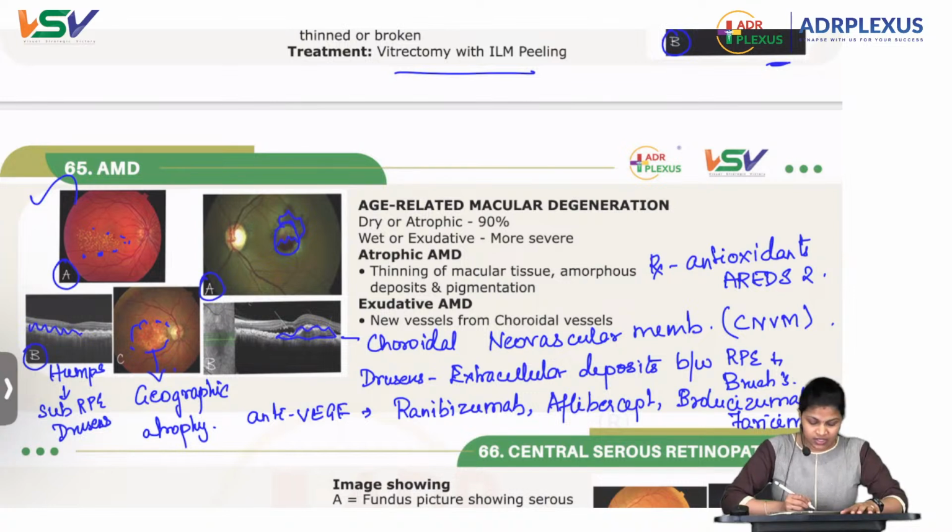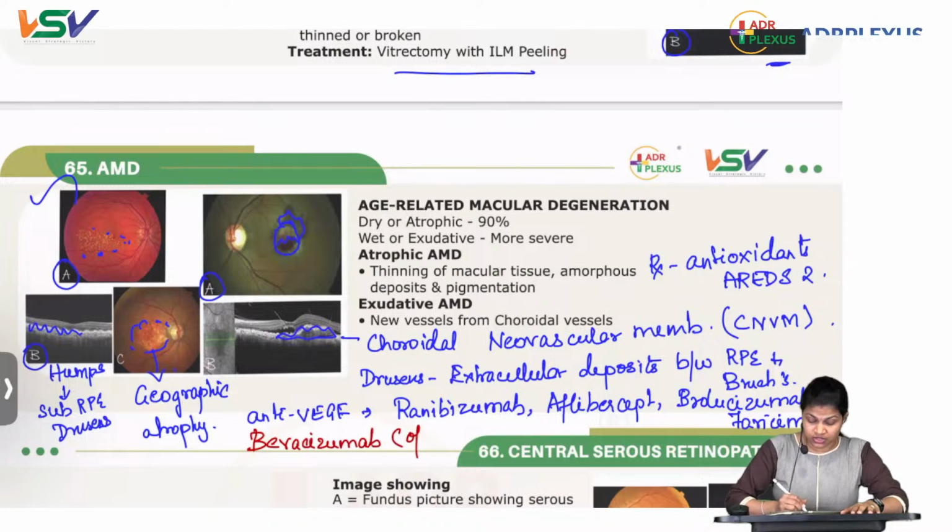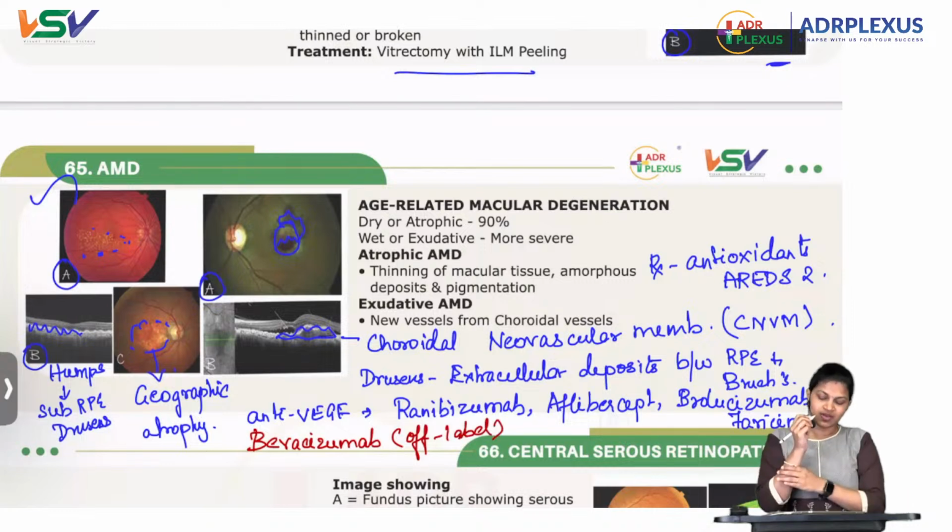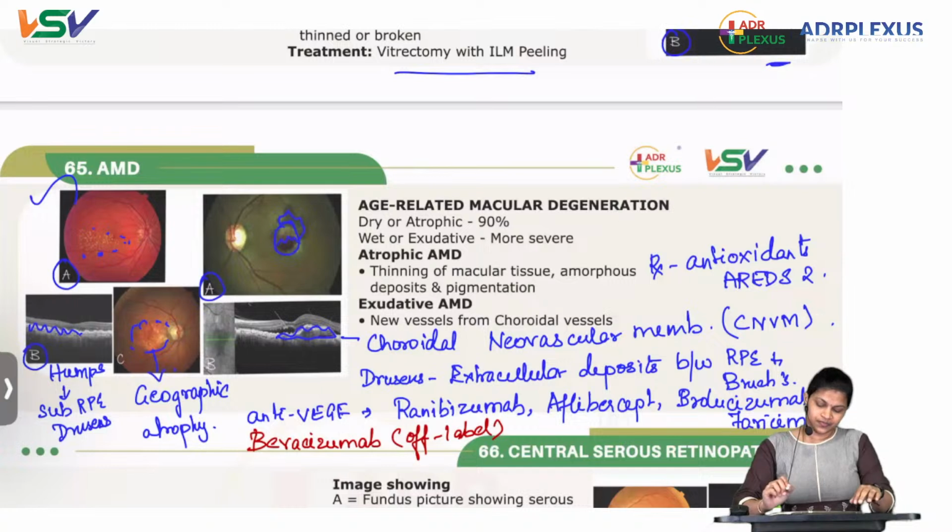Now bevacizumab is there, which is off-label, so it is actually used, but it should not be used. Bevacizumab is an off-label drug.